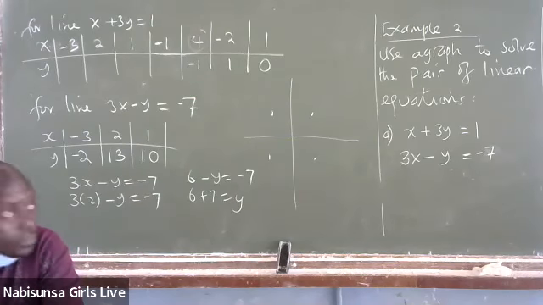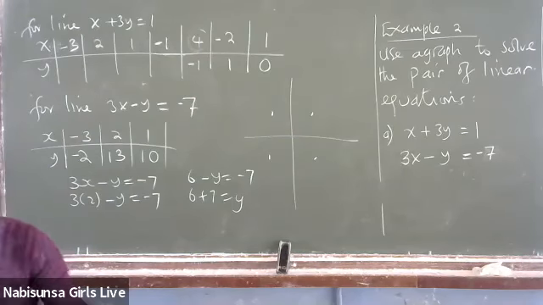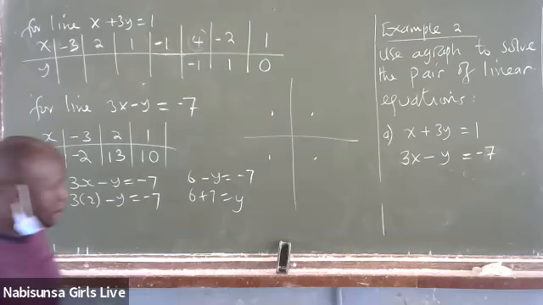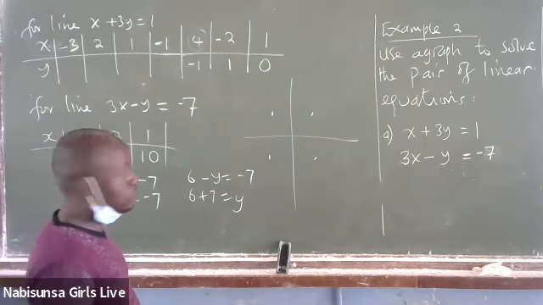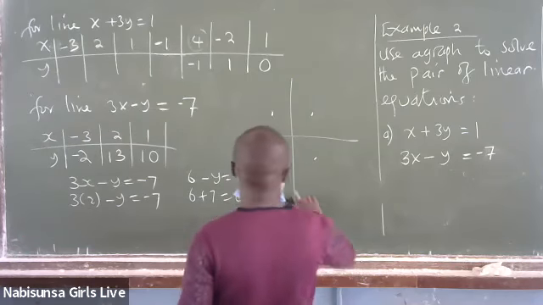Stacy? Teacher, plotting coordinates like 1, 0, or 0, 1 confuses me. Like if it's 0 on x, how do I plot coordinates like 0, 1, 1, 0, or 0 with anything.